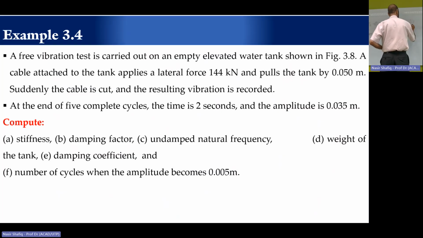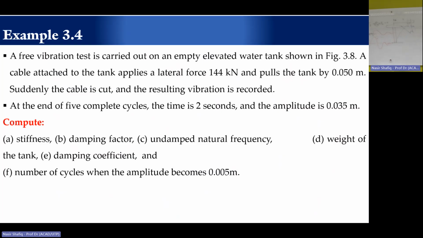We are interested in the horizontal component of 144, since it is a lateral load; the vertical component goes downward. We pull the tank to 0.05 meter, which means 50 millimeter, so x is equal to 50.